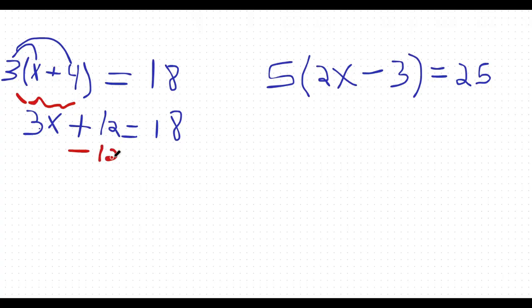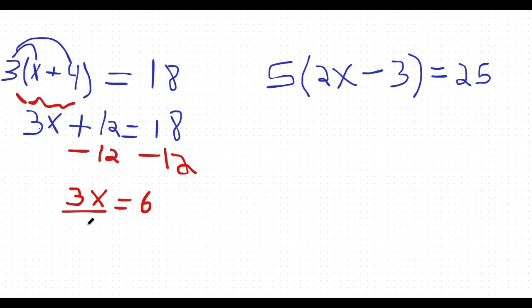So now we're going to take the next step, which is to subtract 12 from both sides to get 3x equals 18 minus 12, which is 6.